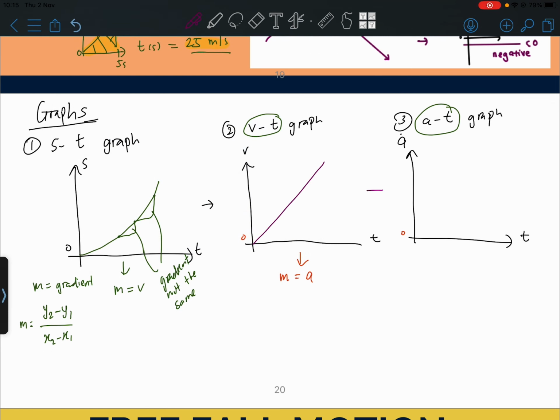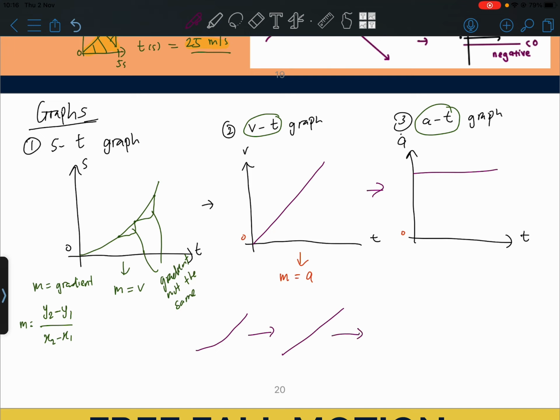If we transform from ST to VT for a curve, it becomes a straight line in the VT graph. And then remember, from the straight line, if you want to transfer into another graph, it will become a constant or flat line like that. I hope you can see the pattern. The pattern is very easy. If you have a curve and you want to change into another axis, it will become a straight line.